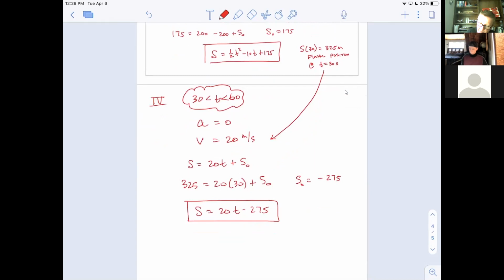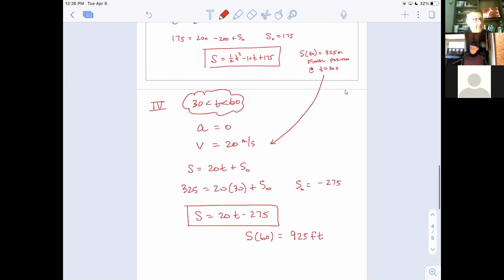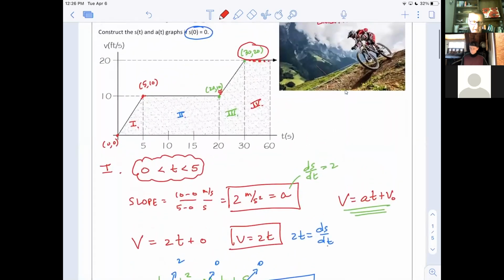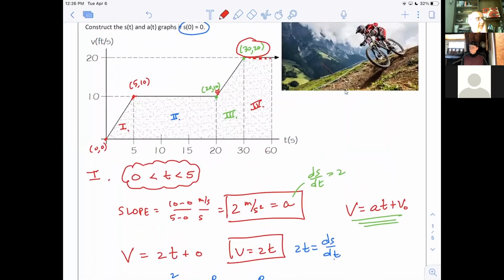And so now I can find my final position, S of 60. When I do that, as Daniel said, you get 925. So that's how far he actually travels, 925 feet, if I needed to know that. And isn't the area under the velocity curve, if you multiply velocity, which is feet per second, times the height, which is in seconds, then don't those cancel and you get feet?